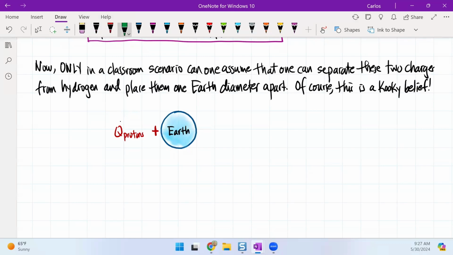Then we're going to take all of these negative charges, the electrons, and put them right there. And we can see here that the diameter is going to be 2 times the radius of the Earth.